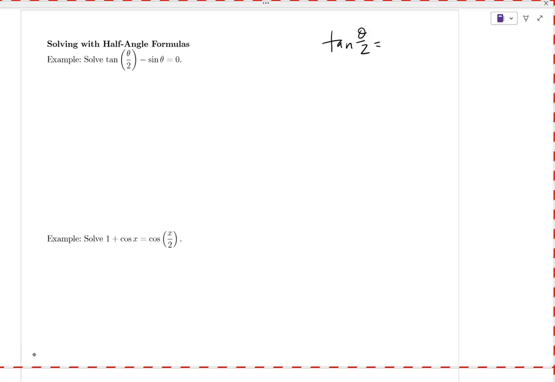I need to look it up in your notes somewhere. There's a couple of different forms for that one.